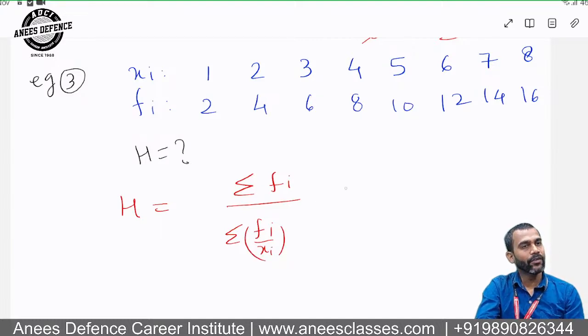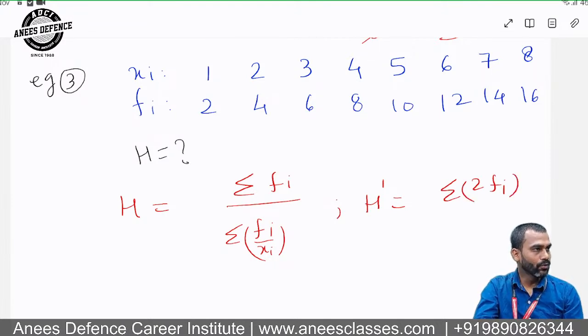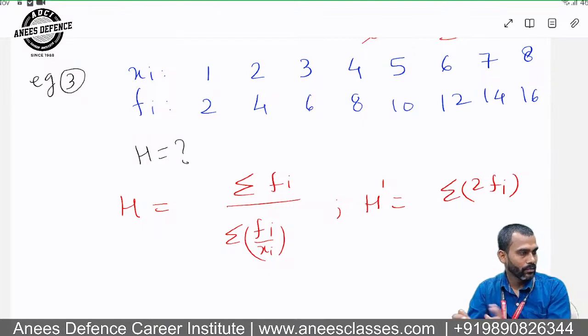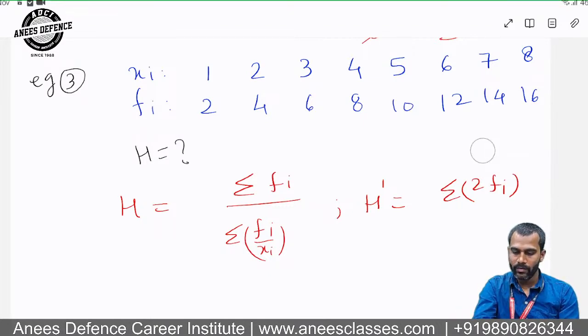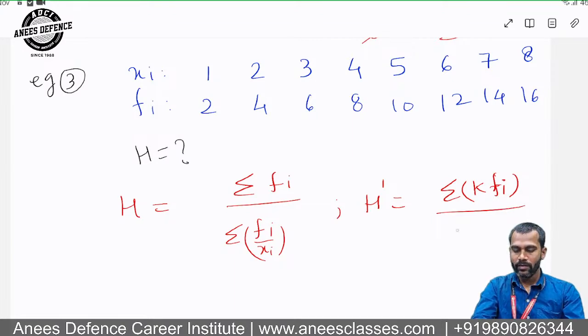If you multiply every frequency by k, what will be the h dash? Tell me. Summation 2fi. Yes or no? Every frequency is multiplied by 2, so 2f1 plus 2f2, or let me write k. If I multiply by any number, keeping the number of observations and the observations same, then this is fi and this is kfi divided by summation kfi by xi.